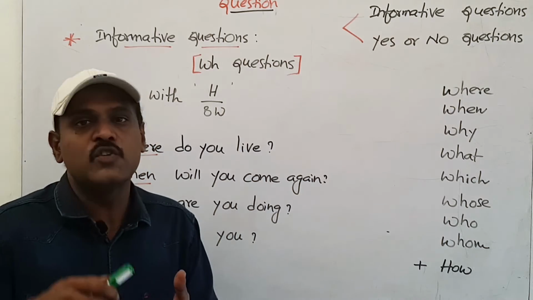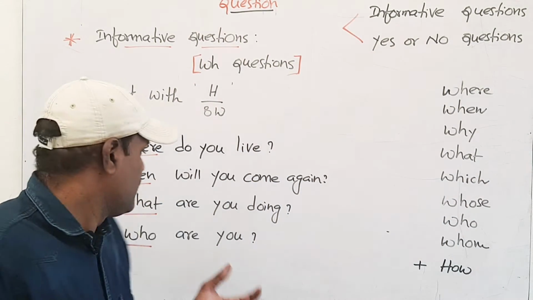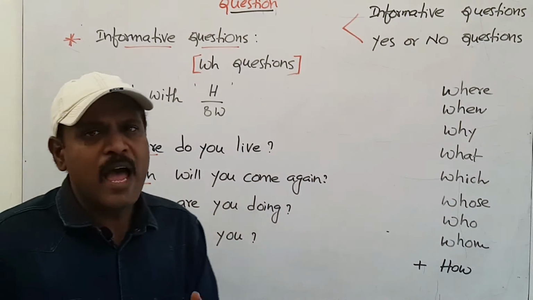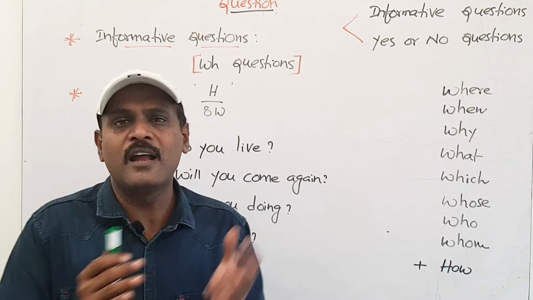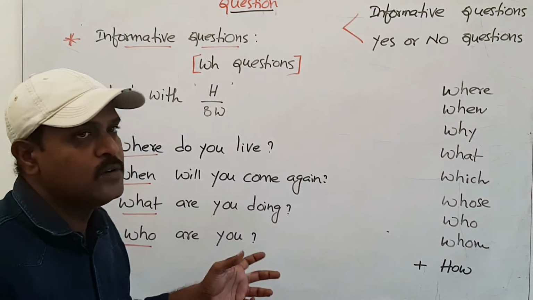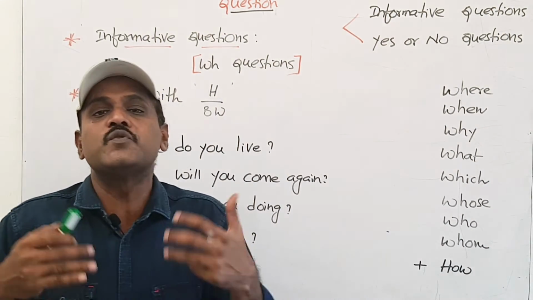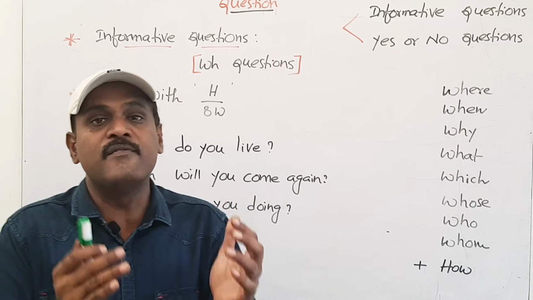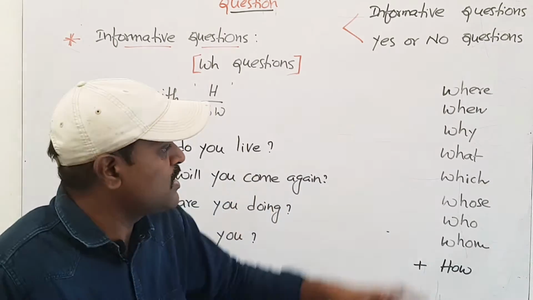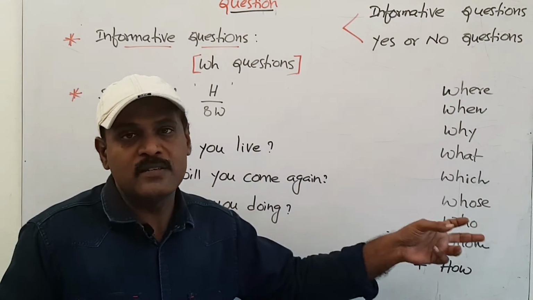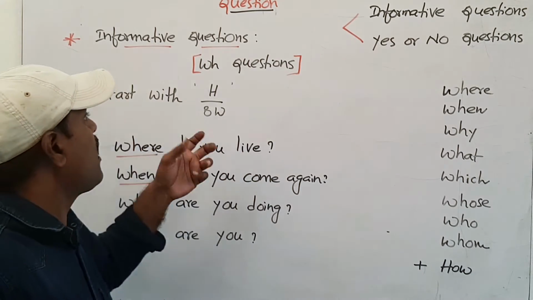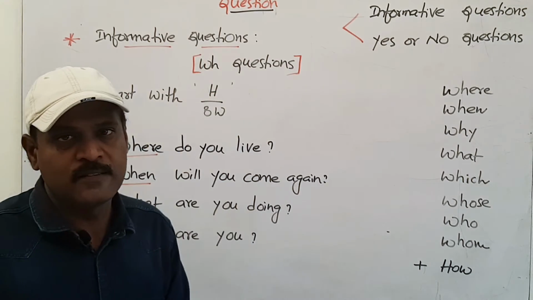I will come tomorrow. What are you doing? I am teaching English. So there are the answers. And who are you? I am Venkat, an English trainer. So in this way, we have to give some information when we ask questions by using H by AW. That's why they are called informative questions.